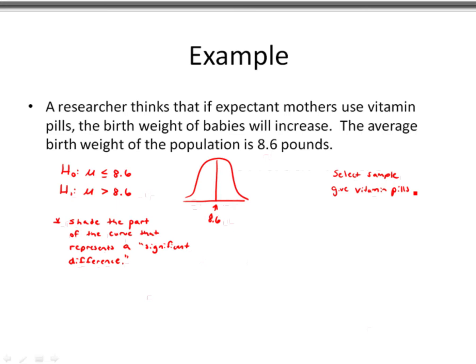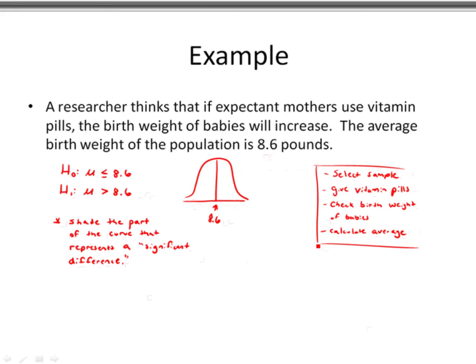And then I'm going to need to check the birth weight of their babies. And then finally, I'm going to need to calculate an average. Okay, so this is just sort of an aside so that I remember what I'm doing.